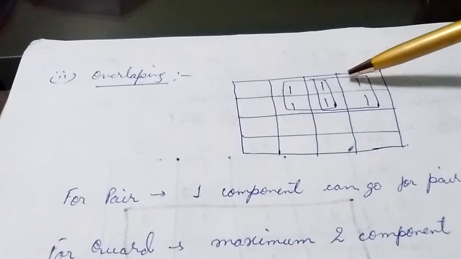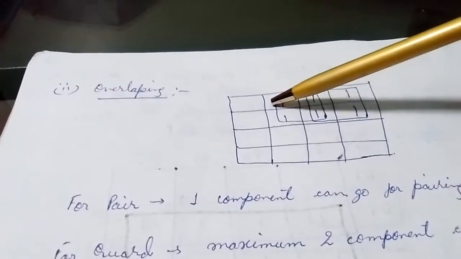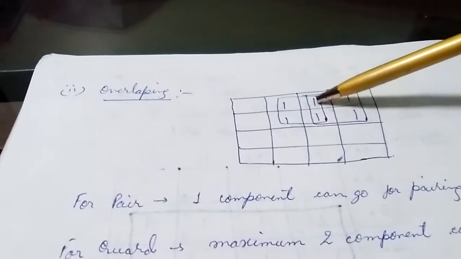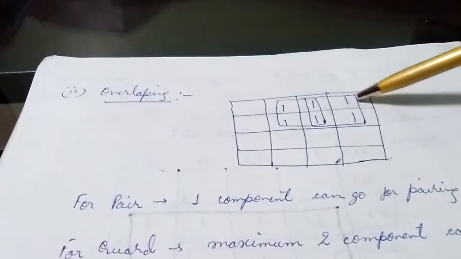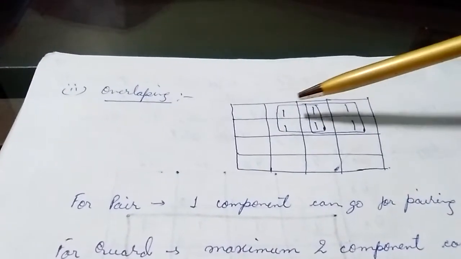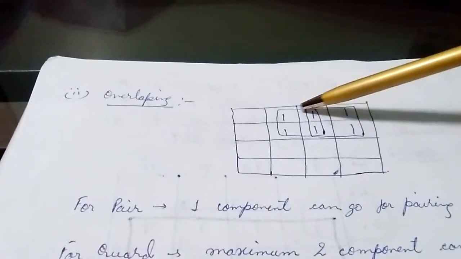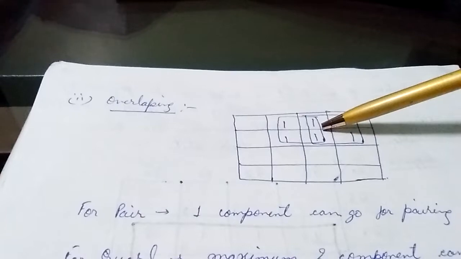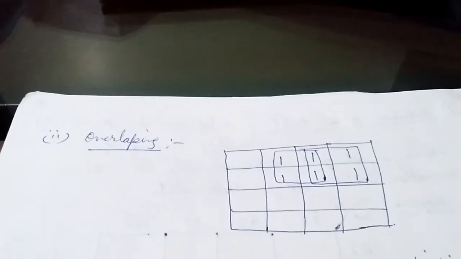Let us see another one, overlapping. Overlapping means sharing some of the common components. Now we see here, this is a quad. This is also a quad. These quad members are common in both. So as in a Venn diagram, some of the members can be common.